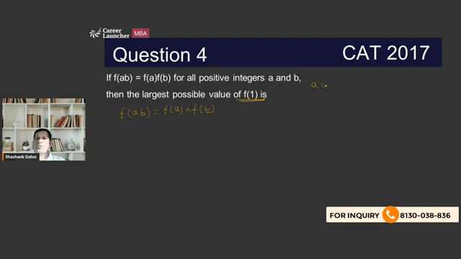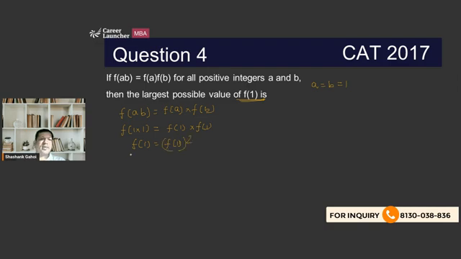I am going to replace a equal to b equal to 1, directly plugging in the values. So this becomes f of 1 into 1 is equal to f of 1 into f of 1. So this comes out to be f1 is equal to f1 whole square.